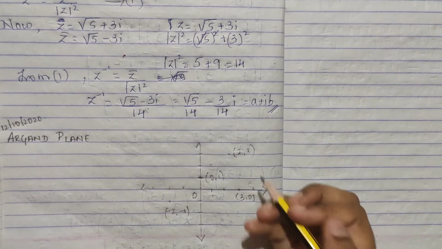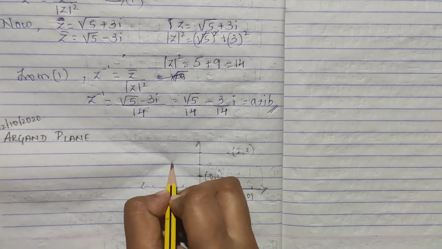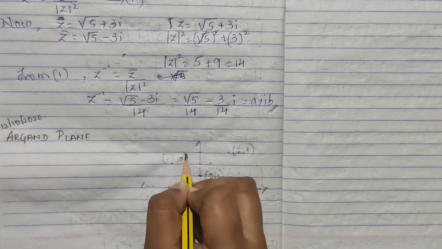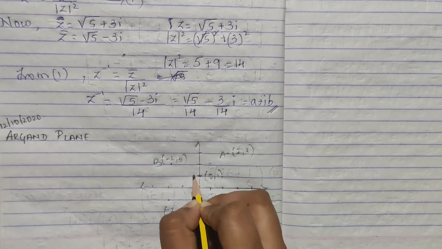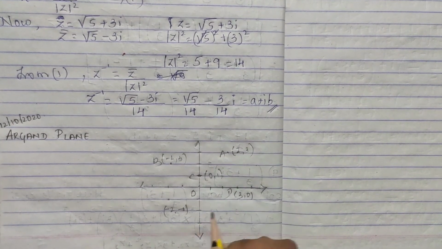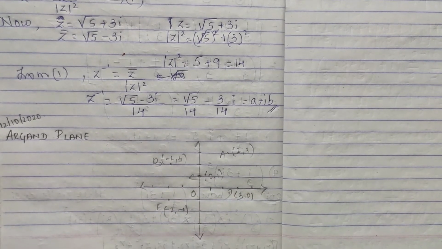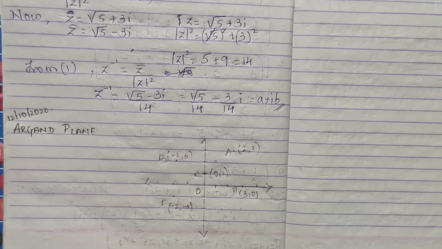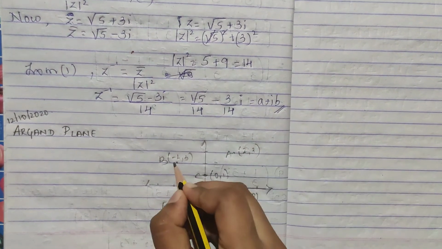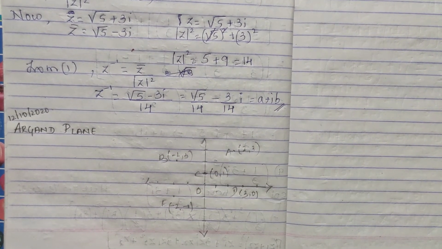Like this you get points, right? Here suppose you have (-2, 3). Suppose I take these as A, B, C, D and E. You know how to plot the points on the graph paper.